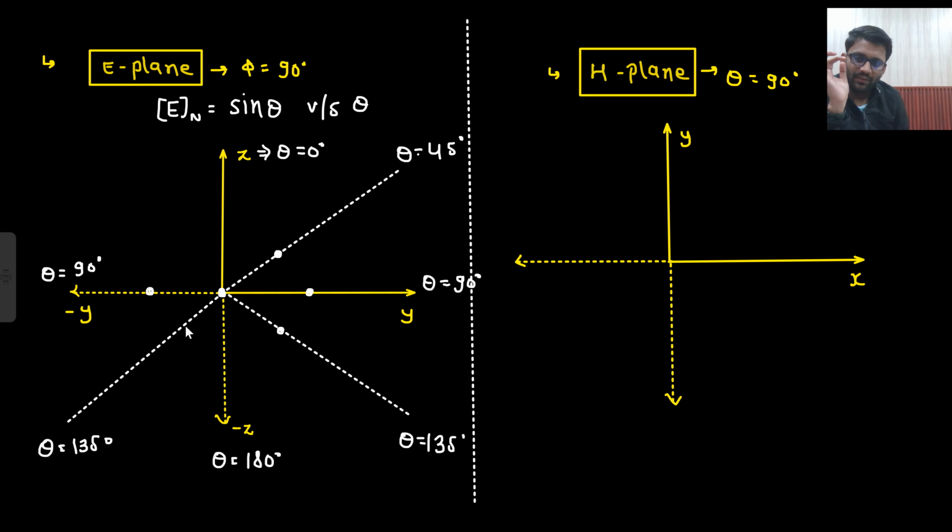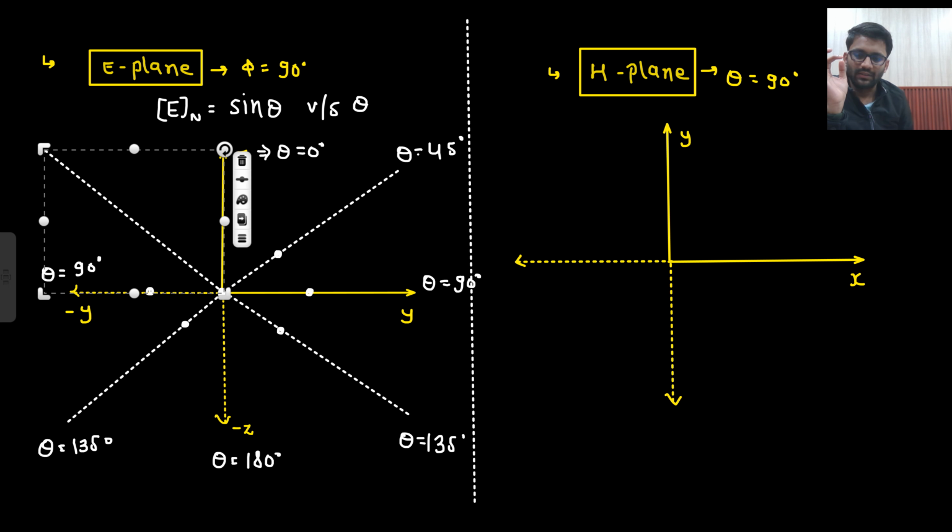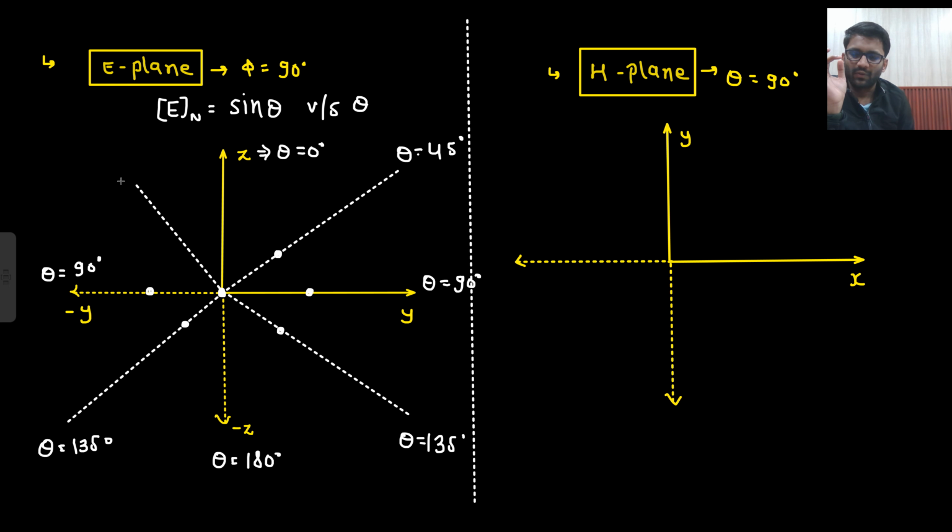So at 135 degree, let's just say this is some value, that is 1 by under root 2. And what about this one? This angle is also theta equals to 45 degree, and the magnitude here is also 1 by under root 2.